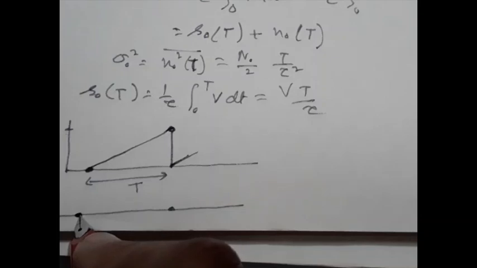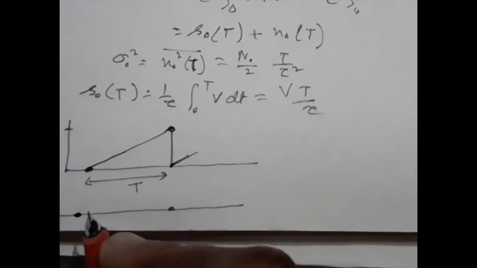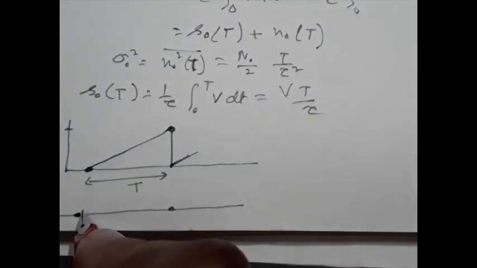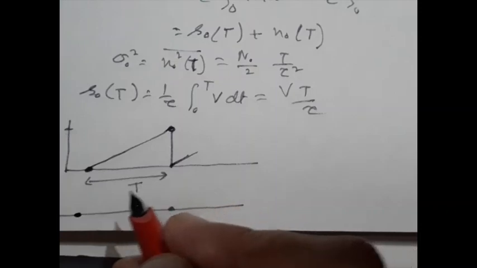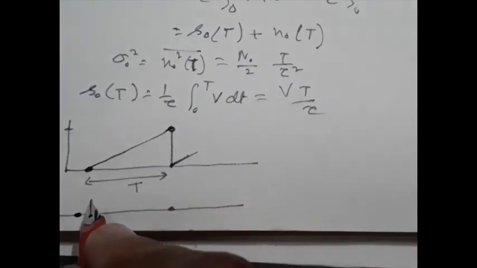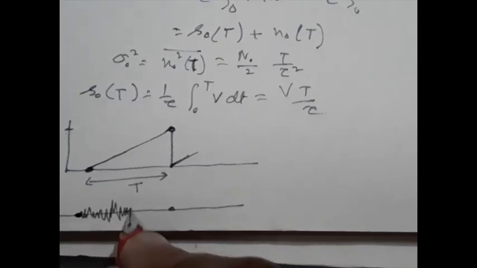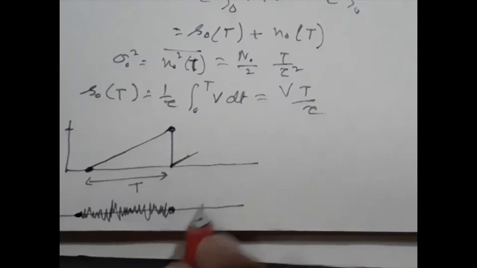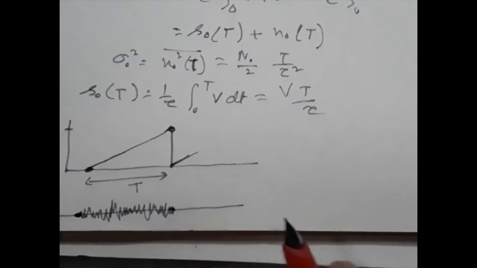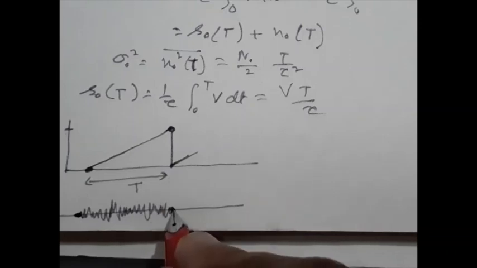Now N0 is random, I mean input noise is random. So if we integrate this input noise, then it will also be random. That means output noise is random. So it will change in almost similar fashion as that of the input noise, something like this. And again for the next bit period it will fluctuate in this way.